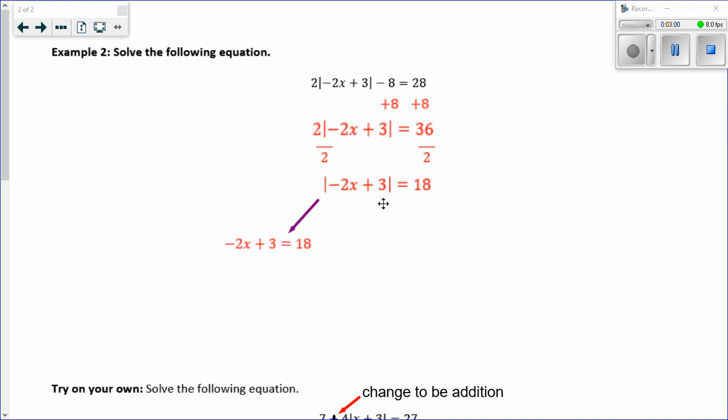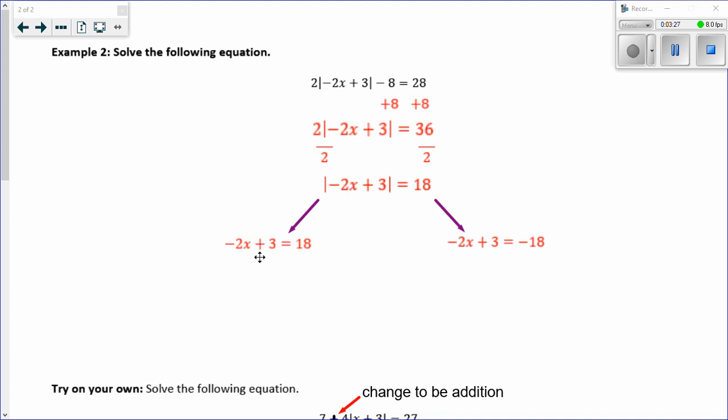And I'm going to take what's inside the absolute value and set it equal to the negative number as well: -2x plus 3 equals -18. The reason we do two equations is because there are two possible numbers that -2x plus 3 can equal. It can equal 18 because the absolute value of 18 is 18, or it can equal -18 because the absolute value of -18 is also 18. That's why we split it into two.